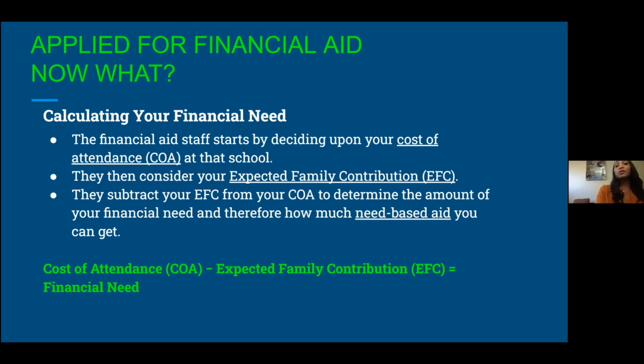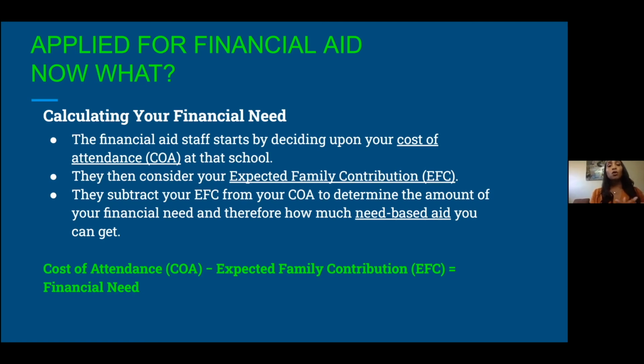Then they consider your expected family contribution. So their expected family contribution is based off of the financial information that you provided on the FAFSA and your FEA, and maybe even your CSS profile. They subtract your EFC, your expected family contribution, from your COA, your cost of attendance, to determine the amount of financial aid you will need, or therefore how much need-based aid you can get.